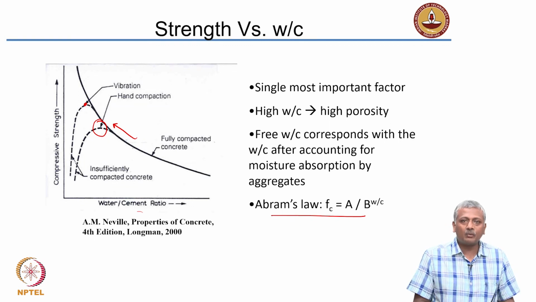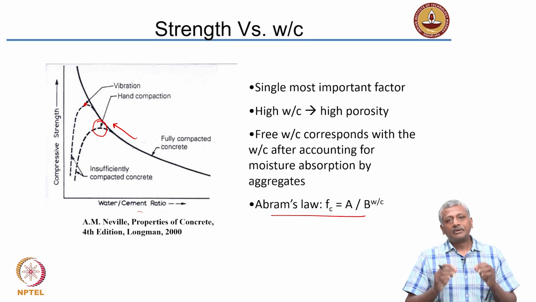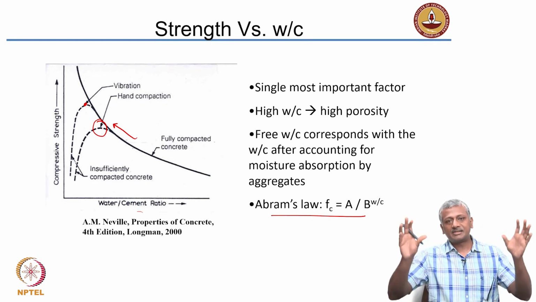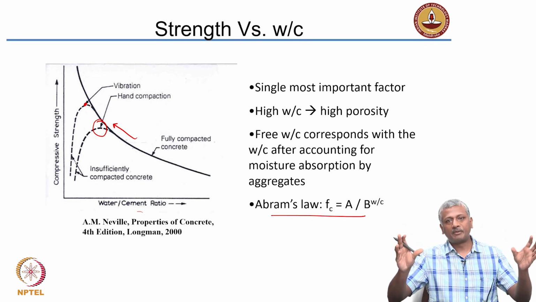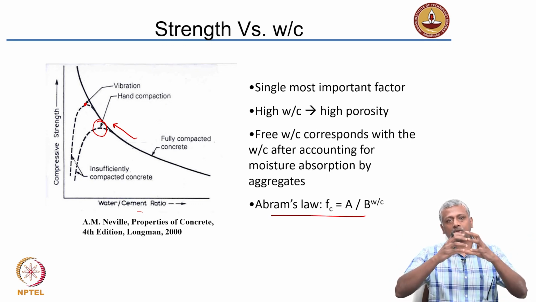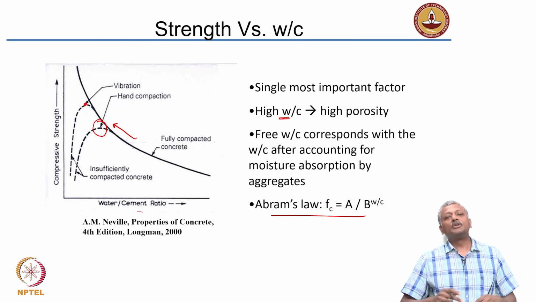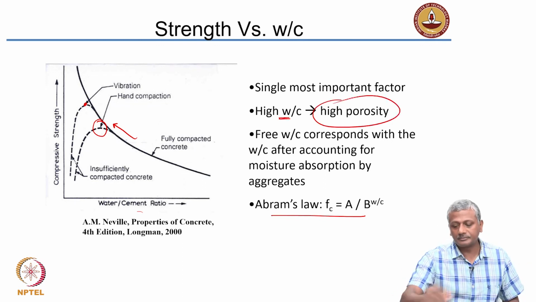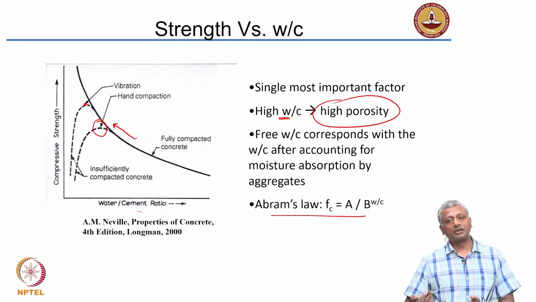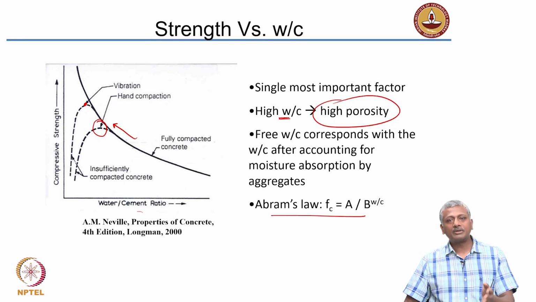Why is high water a problem? As we have discussed before, in the initial system you have water and cement. Volume is occupied by water and cement. As the cement hydrates, the hydration products fill up the volume. But if you have more water to begin with, you have more porosity. The more the porosity, the lower the strength. So, generally we always talk about strength versus free water to cement ratio.